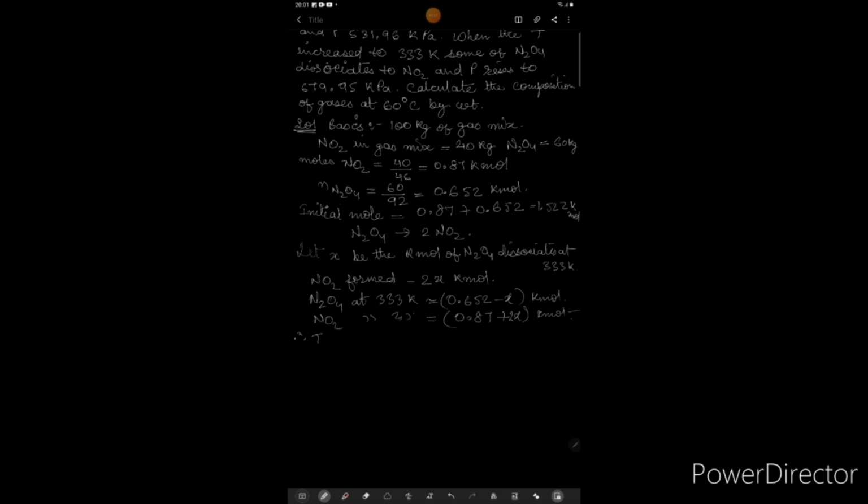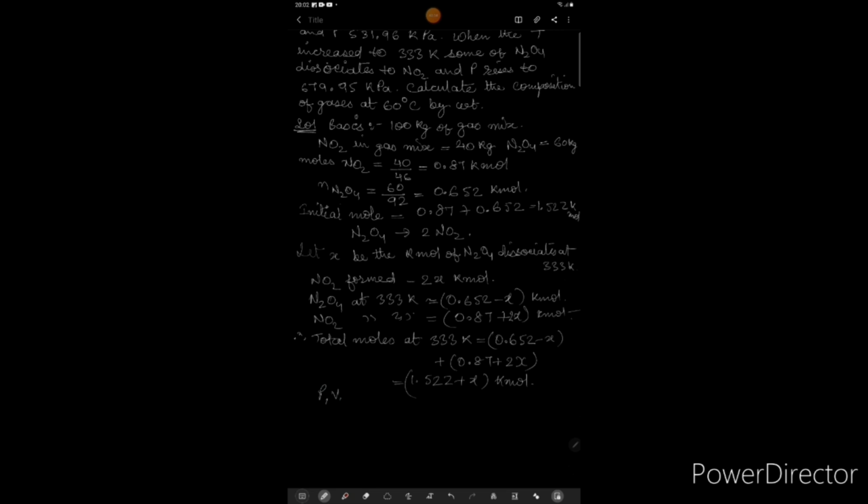Therefore total moles at 333 Kelvin equal to 0.652 minus x plus 0.87 plus 2x. This is 1.522 plus x kilomole.